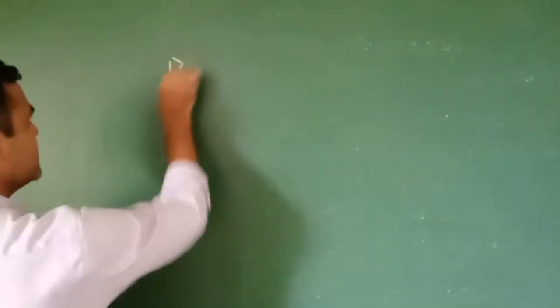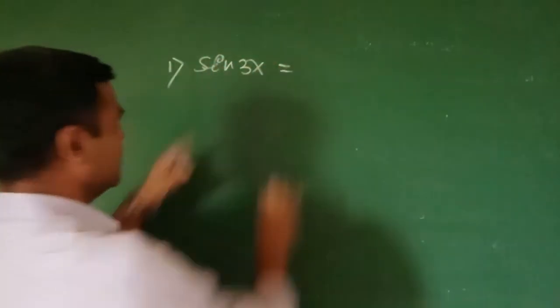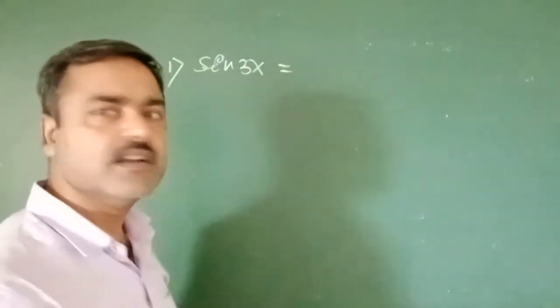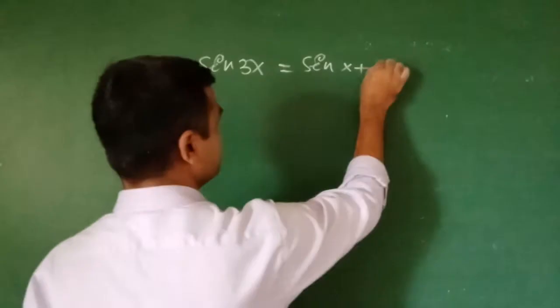The first one is sin 3x. You know what is the identity for sin 3x? Sin 3x may be written as sin of x plus 2x.